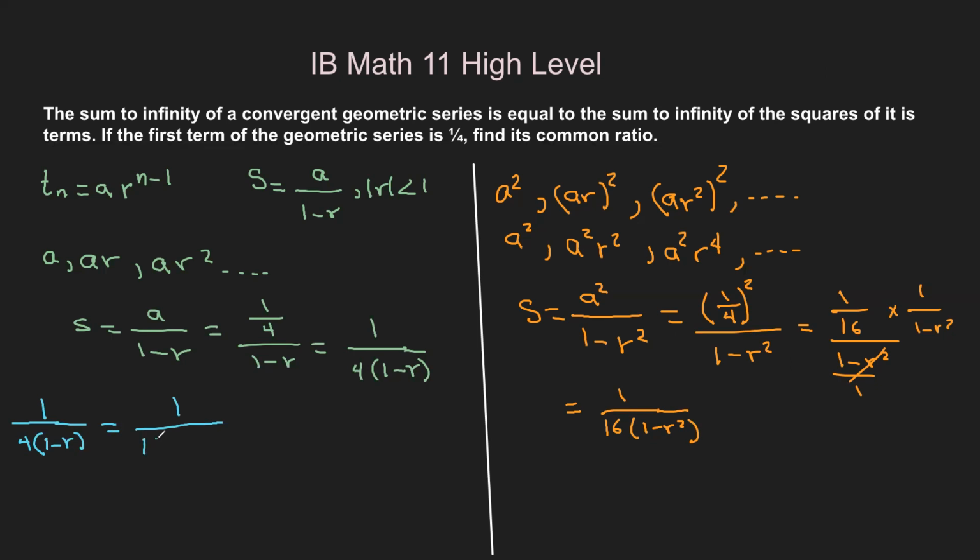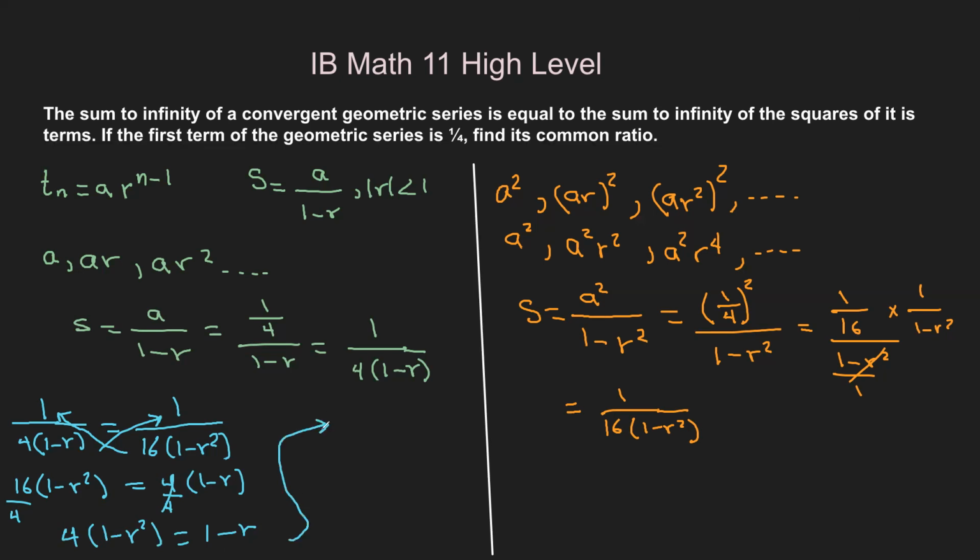Now I'm going to cross multiply: 16 brackets 1 minus R squared equals 4 times 1 minus R. I'm going to divide everything by 4 to make this easier. I get 4 brackets 1 minus R squared equals, 16 divided by 4 is 4, wait, 16 divided by 4 gives 4 on the left, and the right side is 1 minus R. We don't even need the brackets anymore on the right.